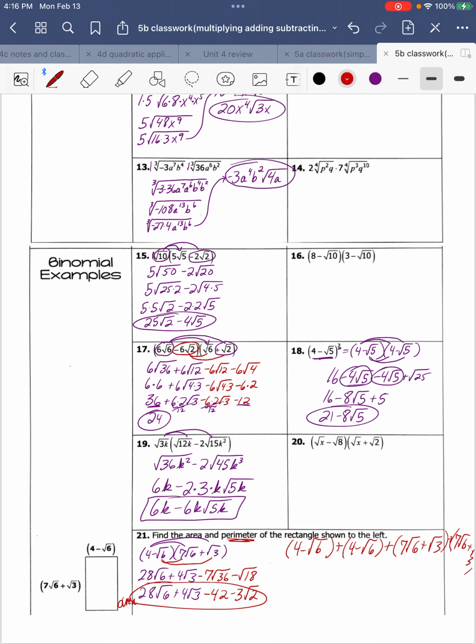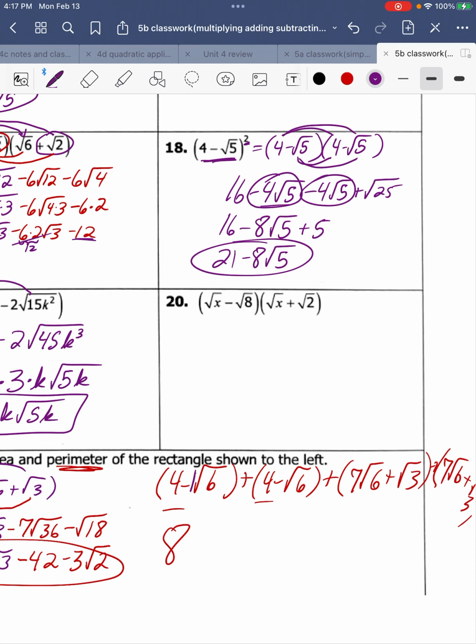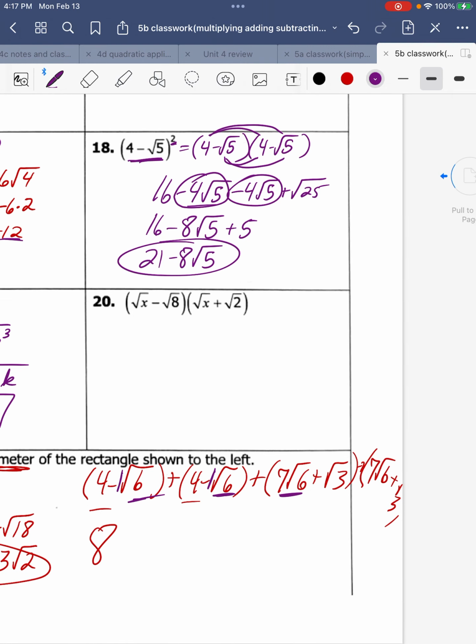All right. We're adding, so we have 4 plus 4 is 8. We have negative 1 square root of 6 minus 1 more is negative 2, plus 7 is 5.